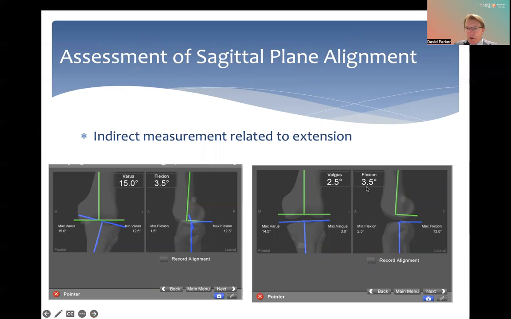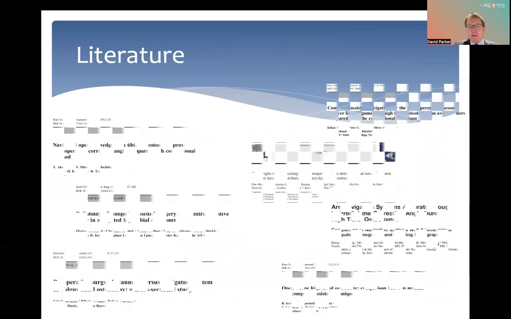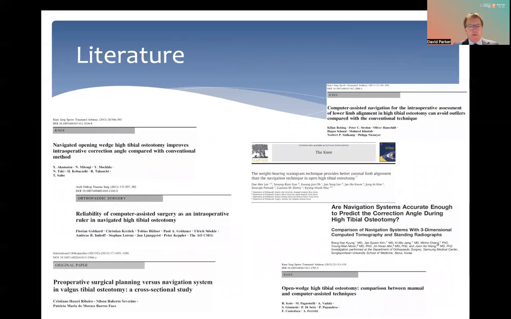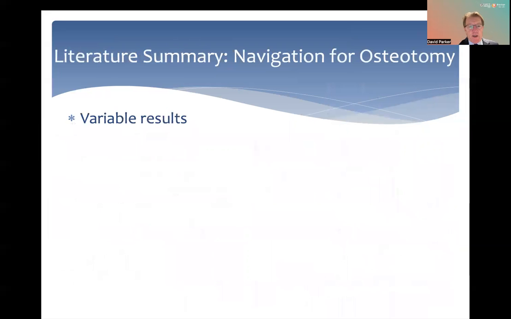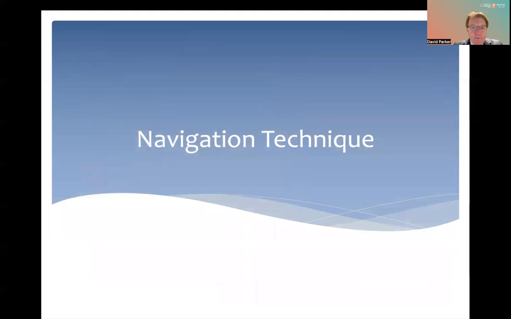So we can be fairly confident that we haven't increased the tibial slope because they haven't lost any extension. And if we look at the literature, there's a reasonable amount of literature on navigation for osteotomy, not as much as there is for arthroplasty, but in general, there are variable results, but the majority of studies show improved accuracy and reduced outliers when compared to manual techniques. So there's quite good evidence for using navigation.